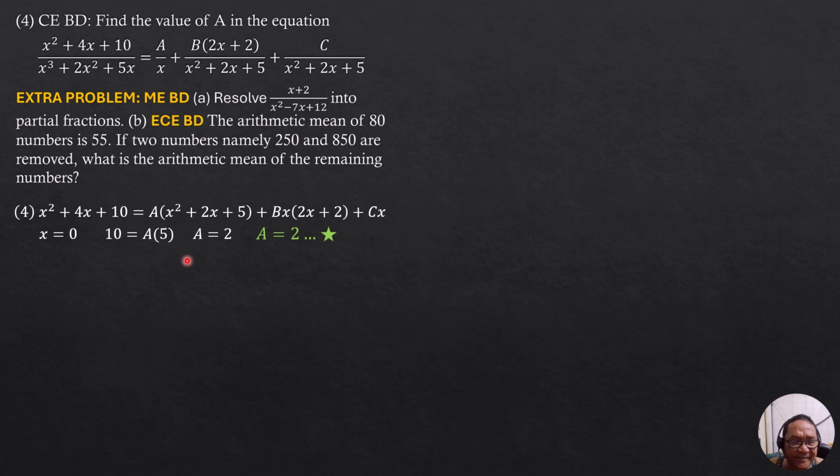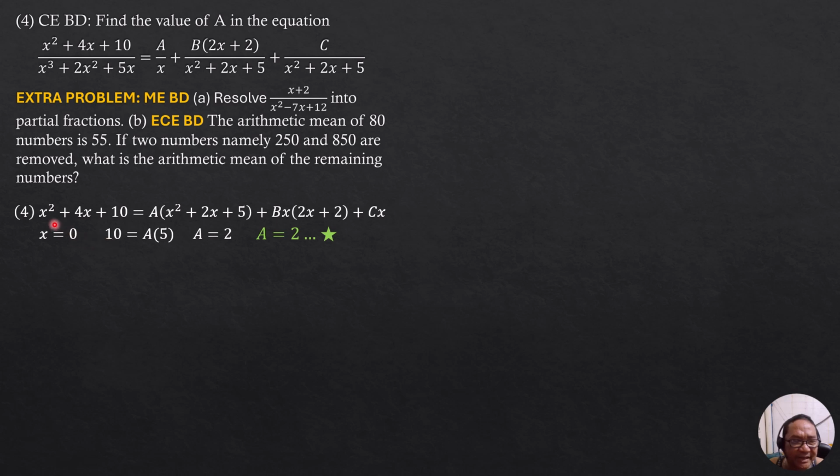That's the answer. But I want to continue by solving for b and c because the question might be to decompose the fraction into these partial fractions. So let's continue. By this time, as I said, you can set x is 1, set x is 2, leaving only 2 unknowns, b and c, then solve the 2 equations simultaneously. You can do that. But instead, I'll use the other technique, which is equating coefficients.